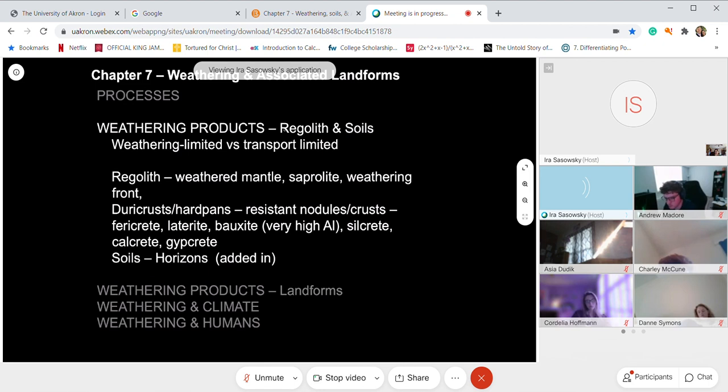And in the entire book, he has less than a page talking about soils. And I don't know why that is, but that's a real failing of the book. And so in our lecture today, I've added in some other materials regarding soils so that you can be aware of them at least a little bit more.